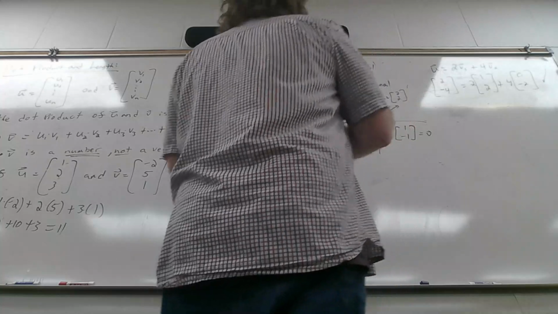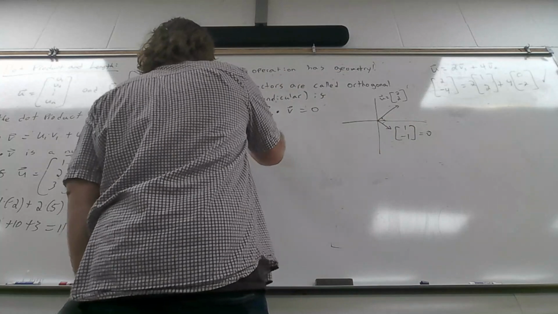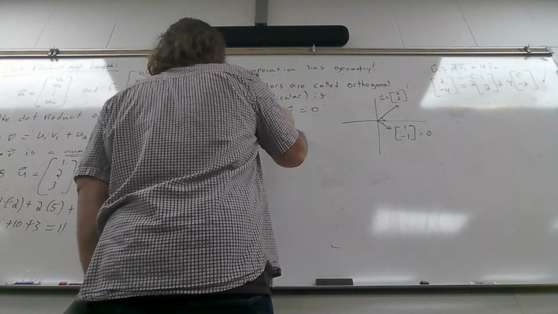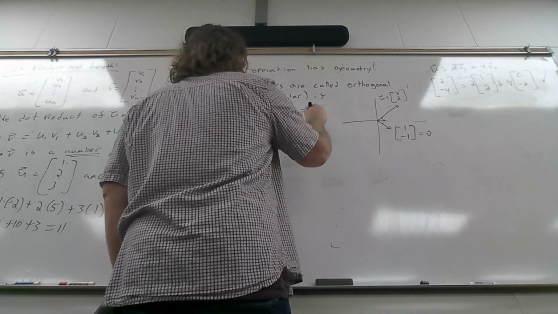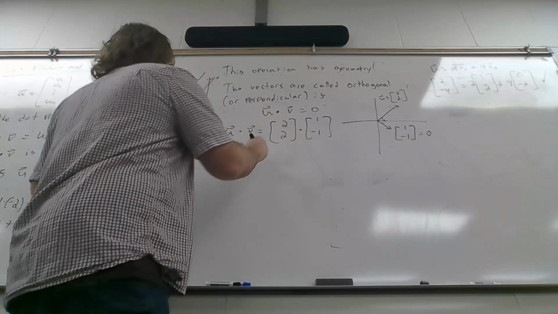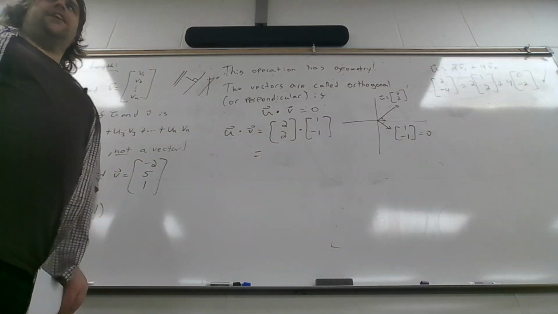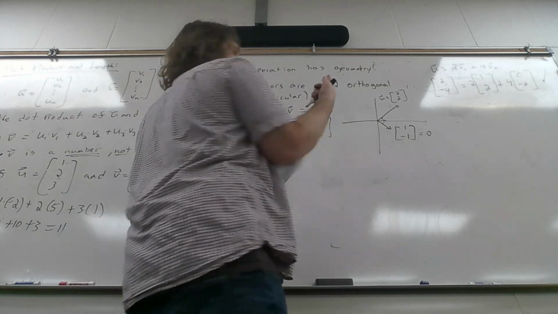So let's see if this definition matches this one. So this thing, 2, 2, dot 1, minus 1. When I write it like this is why students tend to mess it up, because you'll just go 2 times 1 and then this, and then you write it as a vector.